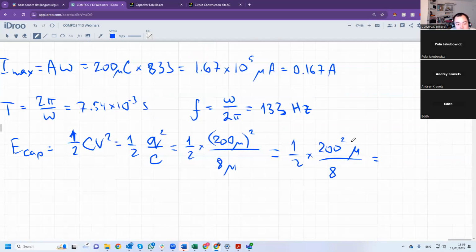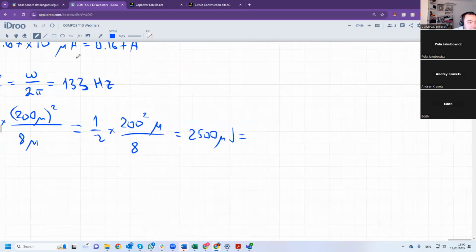I'm just leaving it here. It's useful. 200 squared divided by 16, 2,500 microjoules, and that is, of course, 2.5 millijoules.